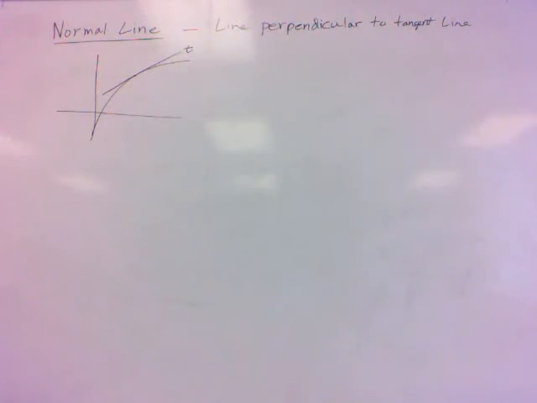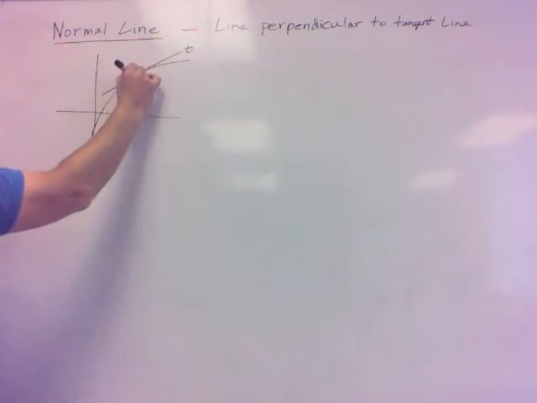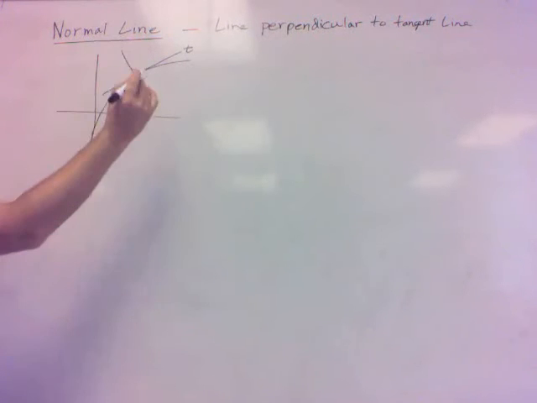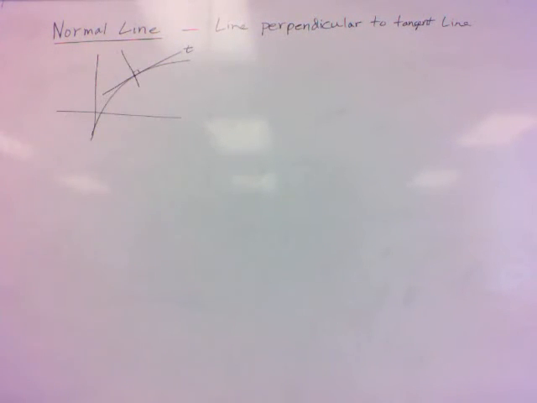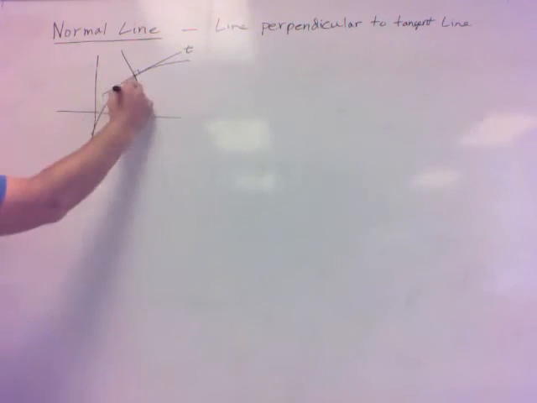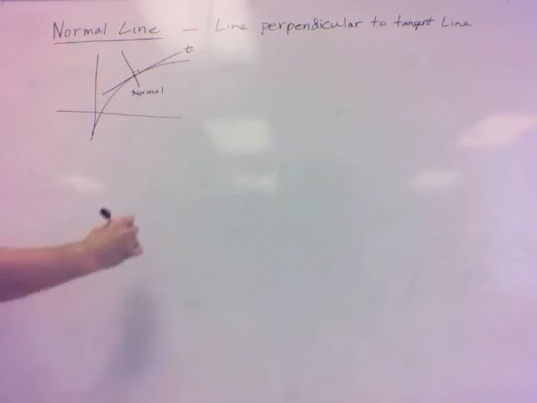Well, the normal line would then come in and be just perpendicular to that, 90 degrees to that. Just another line of interest.